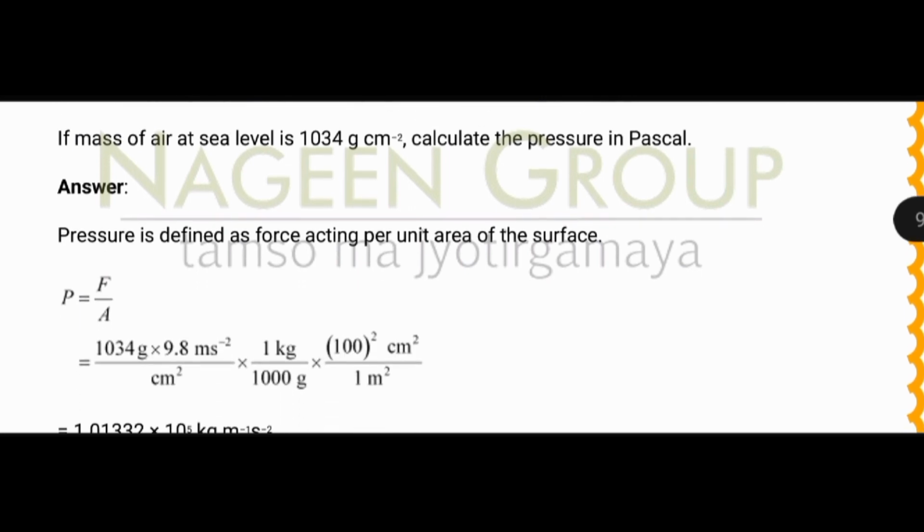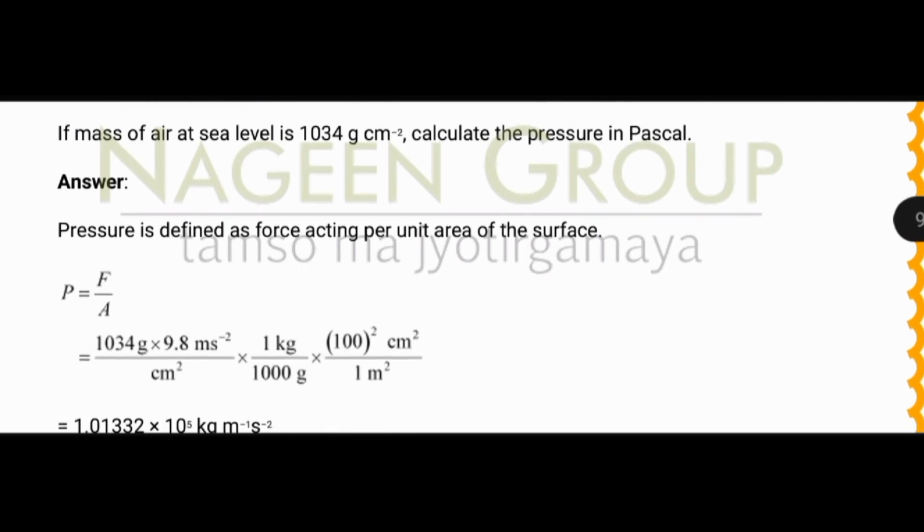So firstly, by solving this question we know that pressure is equal to force per unit area. Now the force formula will be mg. Mass should be in kilogram and g should be in meter per second square.